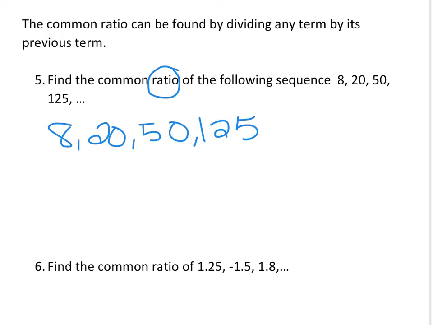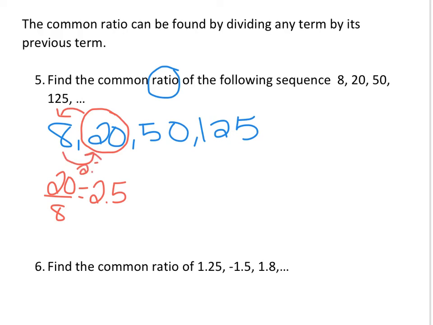The easiest thing is to take one term and divide it by its previous term. So what is 20 divided by 8? It'll give you 2.5. Now that makes sense because 8 times 2.5 will give us 20.